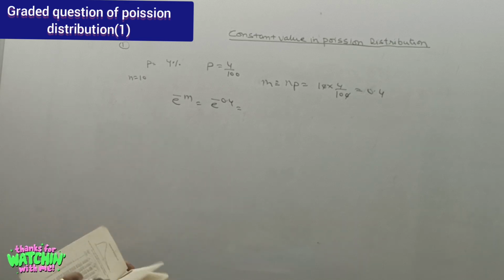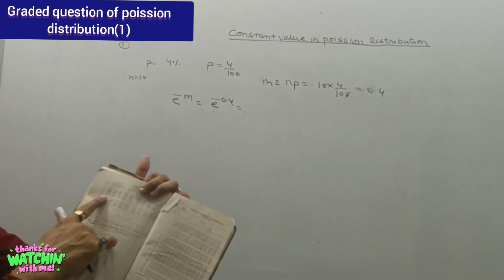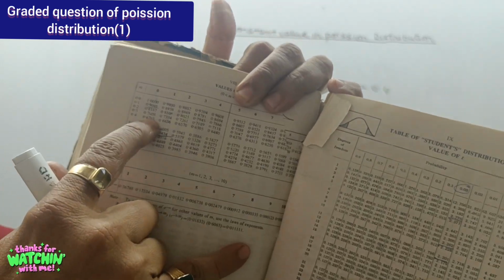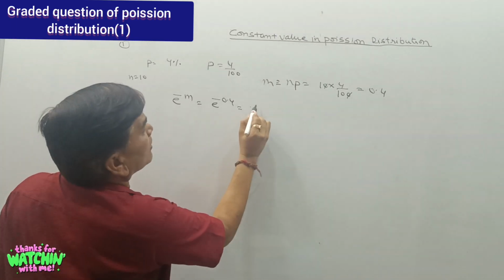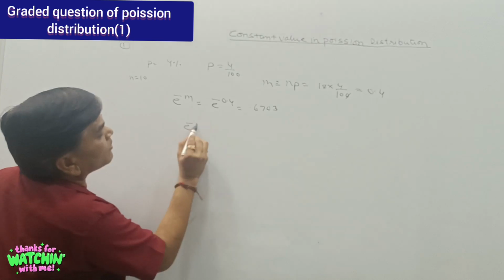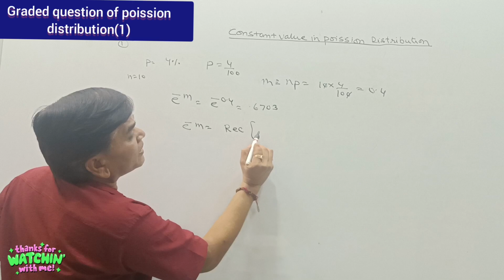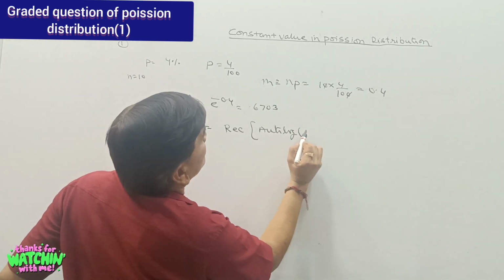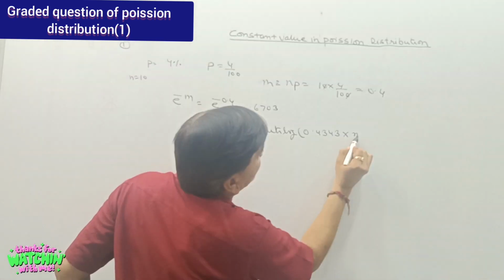If you see the table value, 0.4 at 0 is 0.6703. We have another formula for e raised to power minus m: it is the reciprocal of the antilog of 0.4343 multiplied by m.